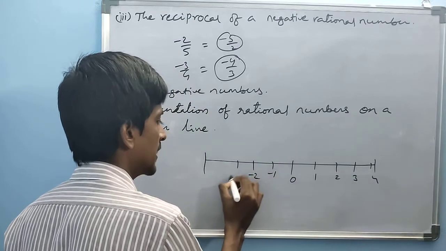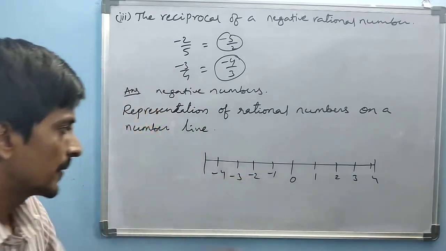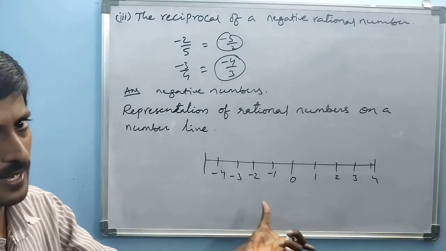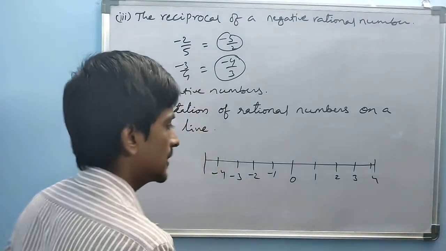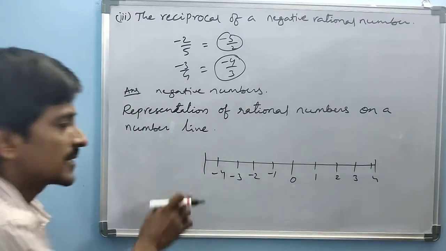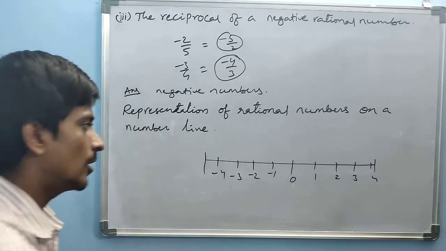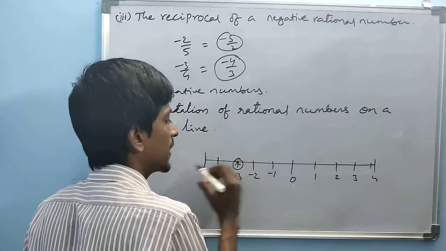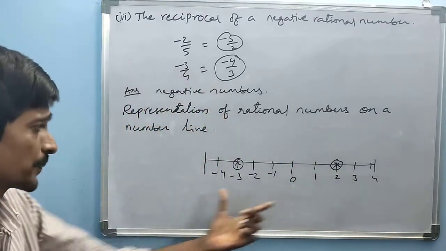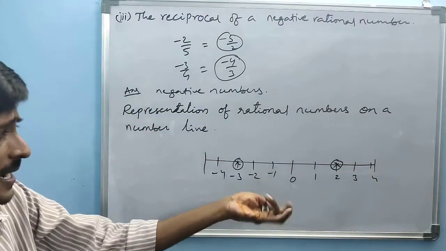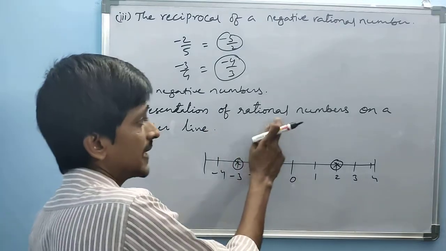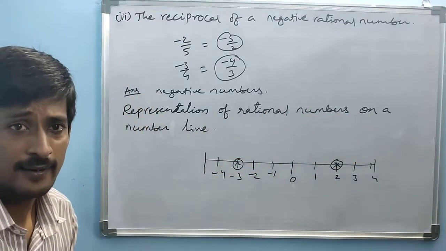Negative numbers go on the left side. So these numbers are integers on the number line. These are the natural numbers, and from 0 onwards they are whole numbers. For example, this is minus 3, and this is plus 2. Natural numbers, whole numbers and integers are simple to represent. But how to represent rational numbers on a number line?